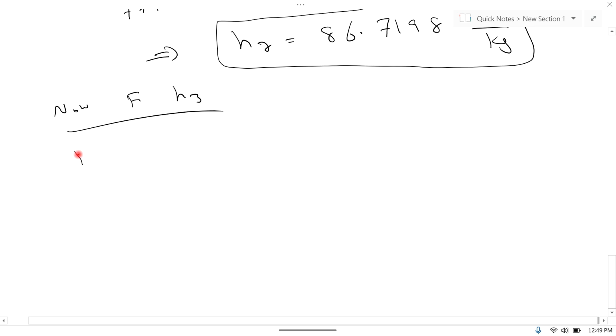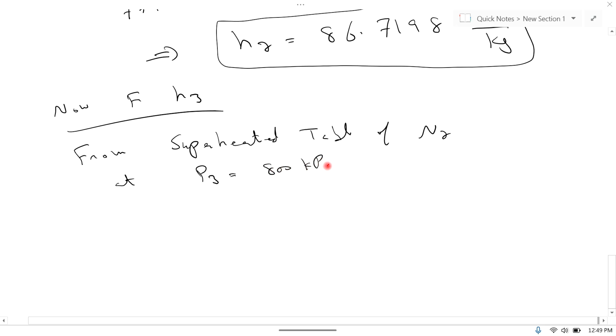Now from the superheated table of nitrogen at pressure P3 is equal to 800 kilopascal and temperature T3 is equal to 280 Kelvin. Find H3.